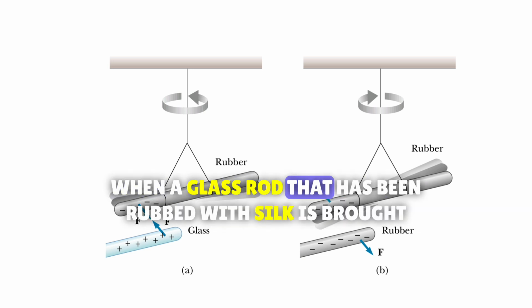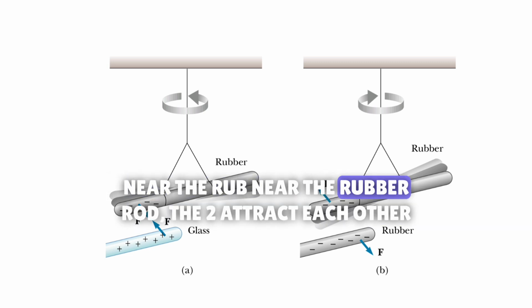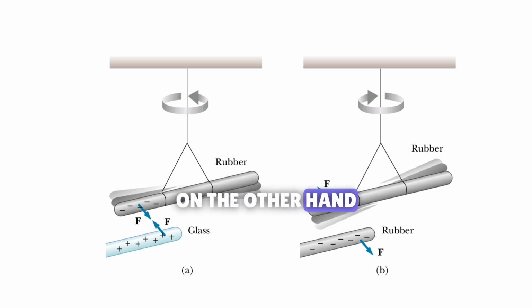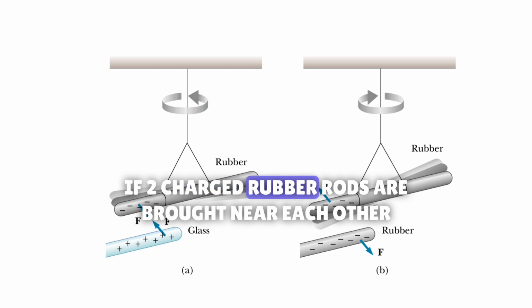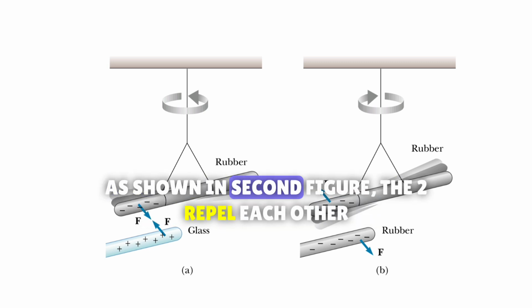When a glass rod that has been rubbed with silk is brought near the rubber rod, the two attract each other. On the other hand, if two charged rubber rods are brought near each other as shown in the second figure, the two repel each other.